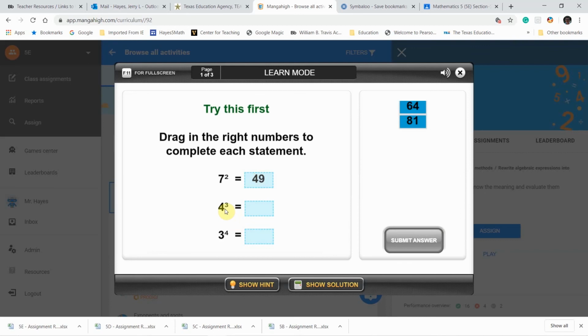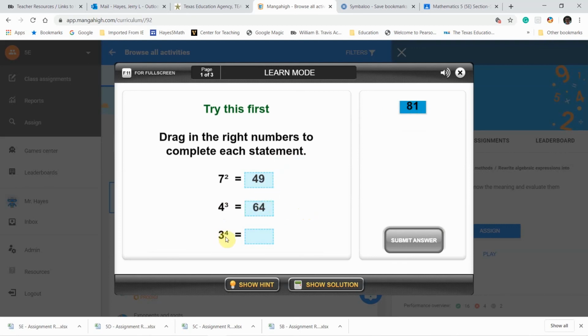Right? 4 times 4 is 16. 3 times 16 is what? Oh, not 4. No, that's not how you do that, is it? I'm telling you wrong too. 4 times 4 is 16. And 16 times 4 is what? Is it 64?